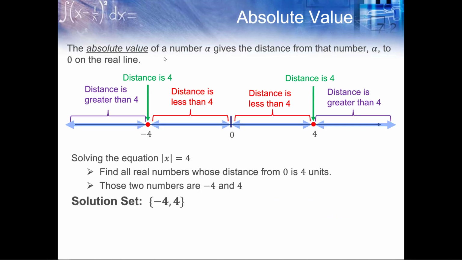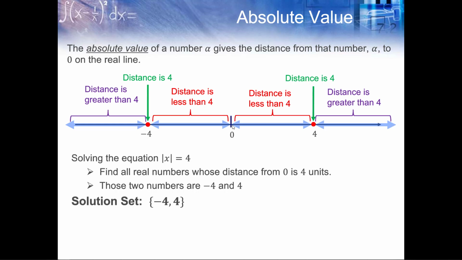The absolute value of a number, say alpha, gives the distance from that number to 0 on the real line. Take a look at the equation, the absolute value of x is equal to 4. The solutions to that equation are all those values of x whose distance from 0 is equal to 4.